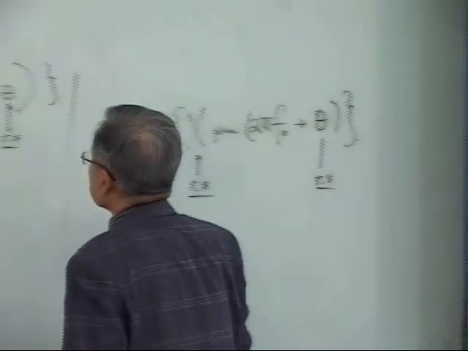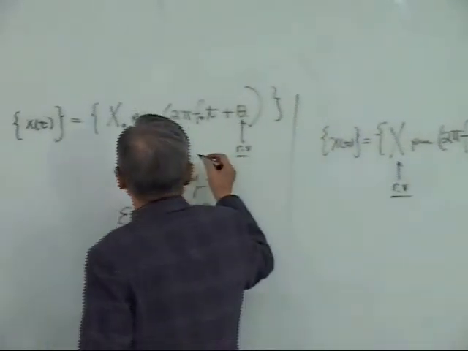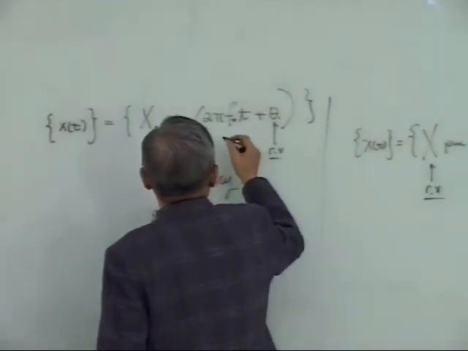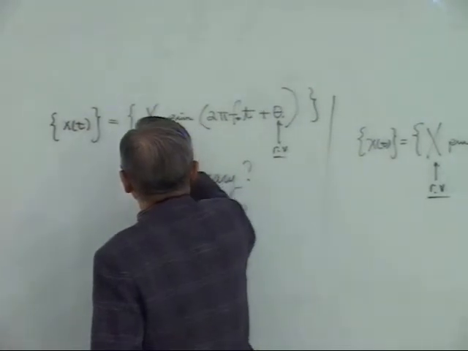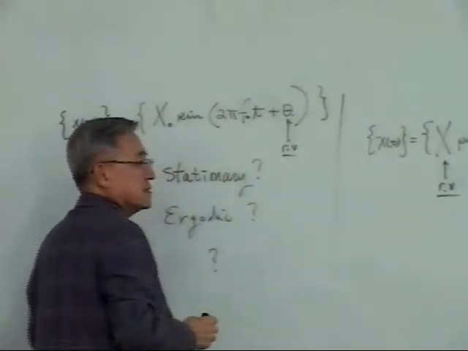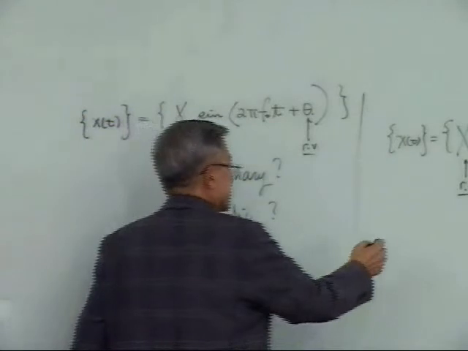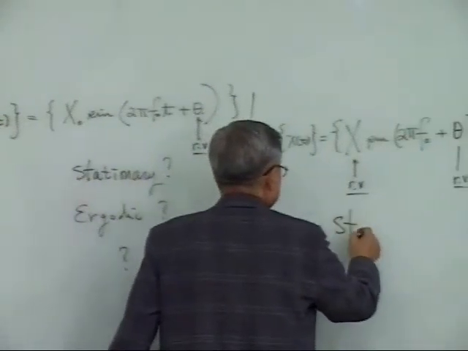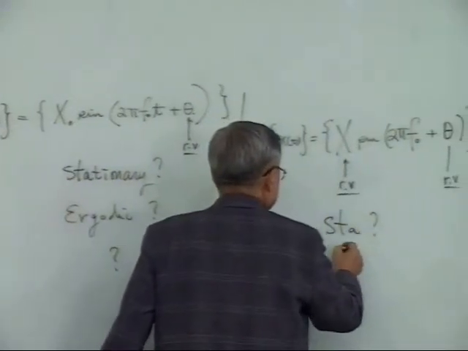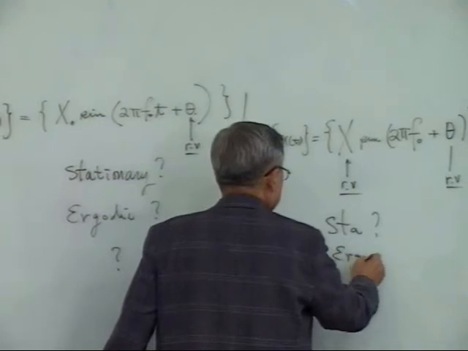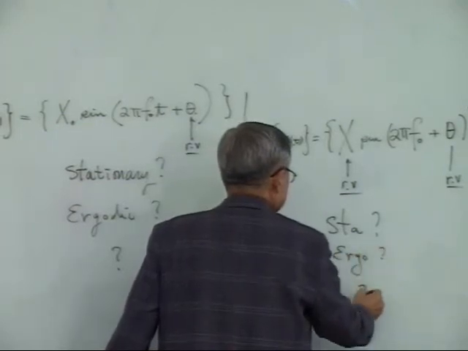This is fixed. Random. This is fixed. So what is it? Is it stationary? Is it ergodic? What is it?